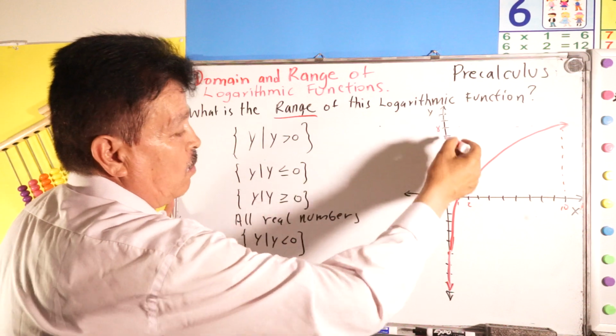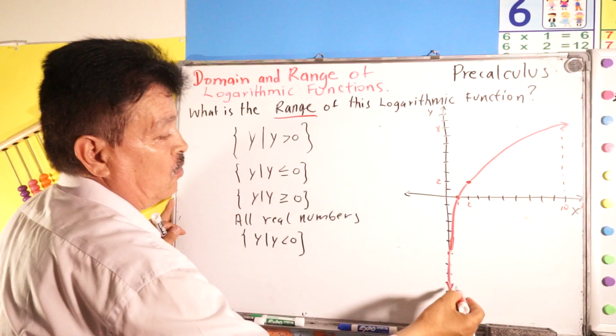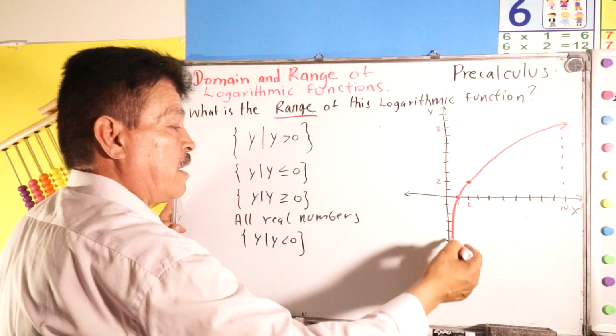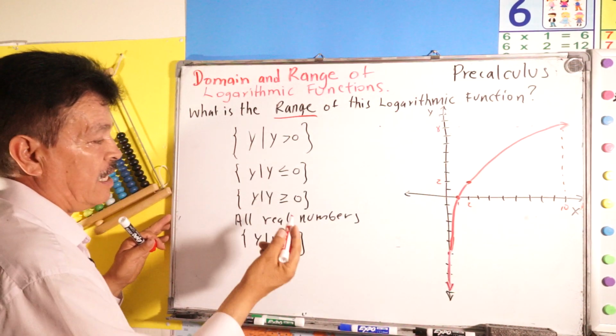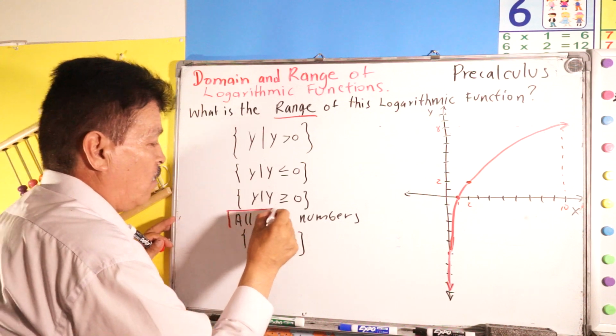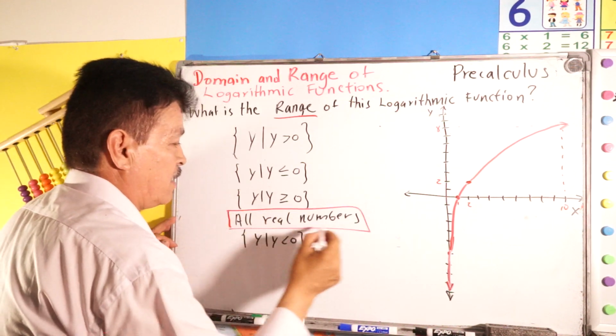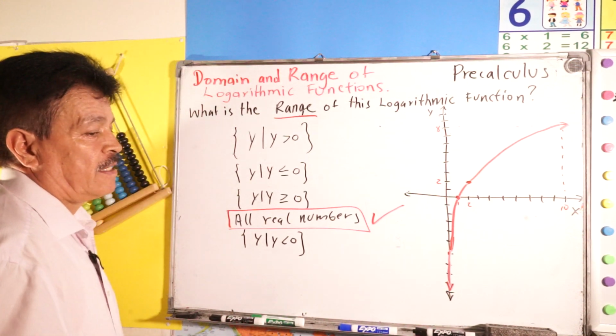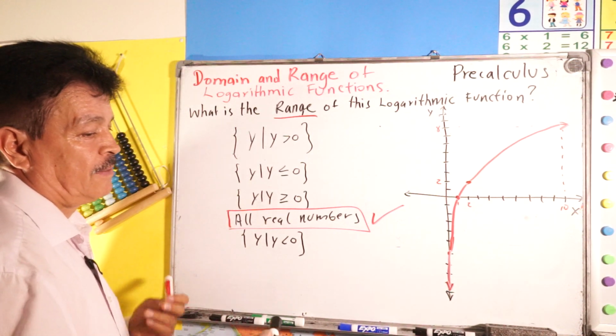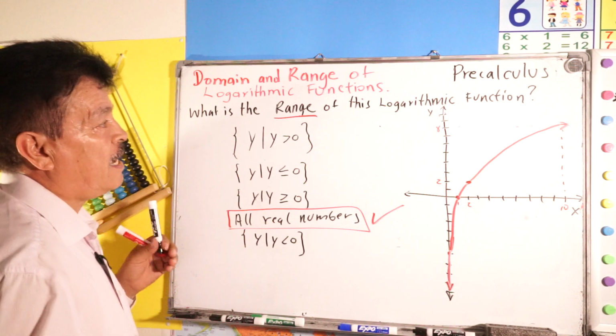This is y. Looking at the graph, we have negative y values and positive y values. So what is the answer then? All real numbers. This is the right answer for our graph and our problem here.